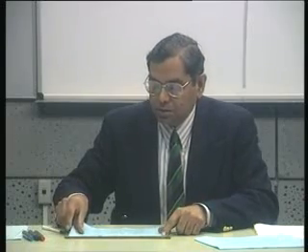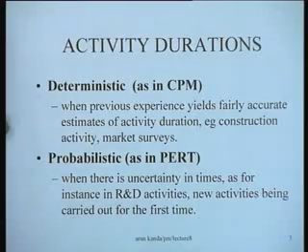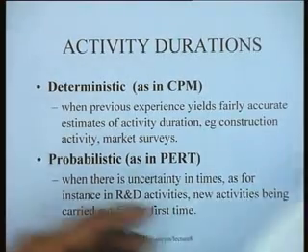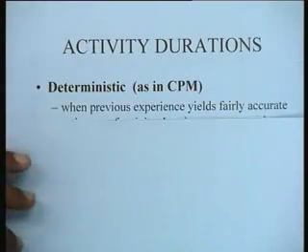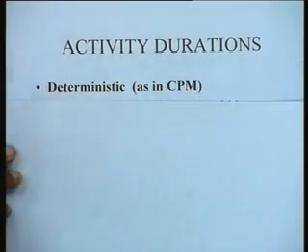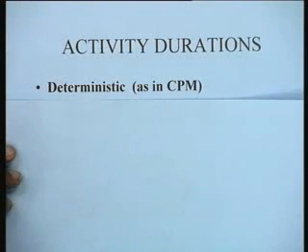Then one has to be careful about the kind of representation that is used for various activities in the project network, and typically activity durations can be either deterministic, which is true in the critical path method or CPM.